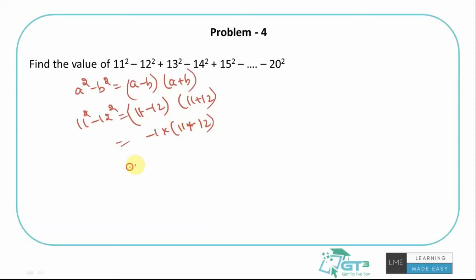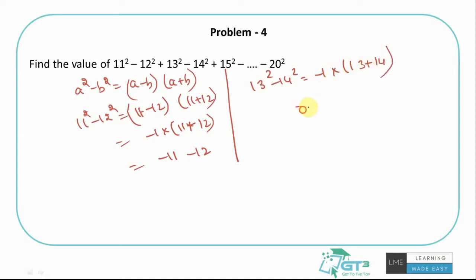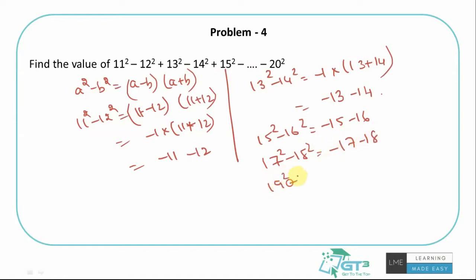What is this finally? Minus 11 minus 12. Similarly, what will I get for 13 square minus 14 square? 13 minus 14 is minus 1, into 13 plus 14. I'll not find this, I'll keep them as it is: minus 13 minus 14. 15 square minus 16 square should also come out to be minus 15 minus 16. 17 square minus 18 square would also come out similarly, and 19 square minus 20 square is the last one.